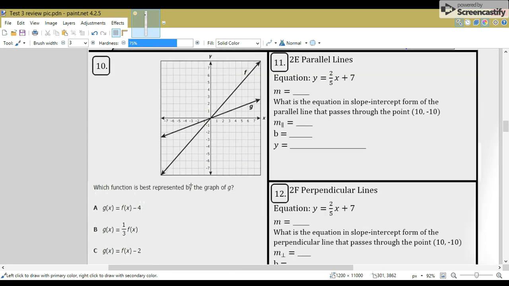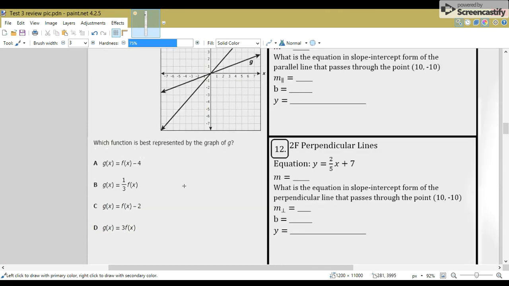Number 10. Which function is best represented by the graph of g? We see f and we see g. They didn't go up or down from each other. So let's describe each of these answer choices. A. g of x equals f of x minus 4. If you were to graph this, x minus 4, that goes down 4.